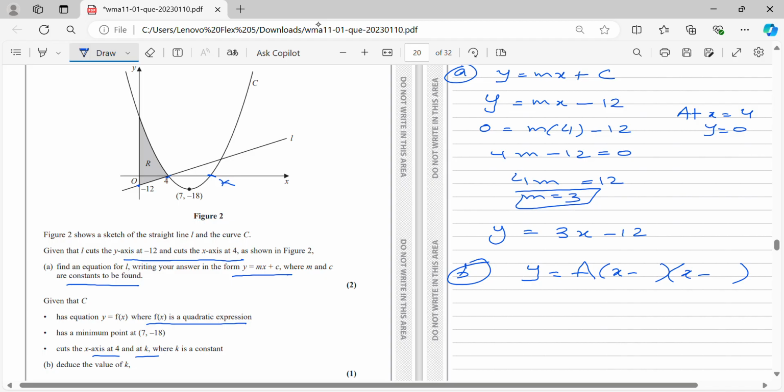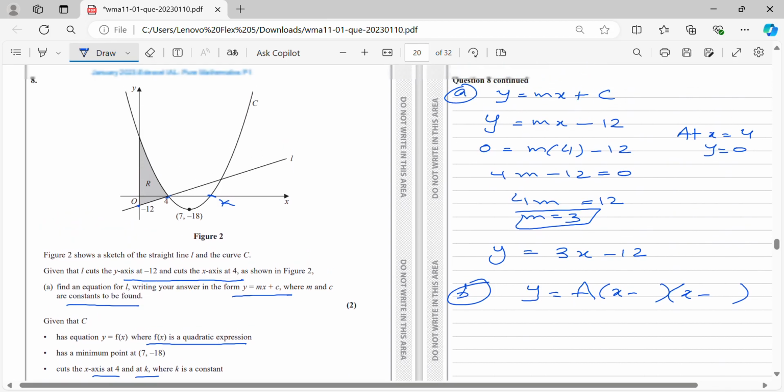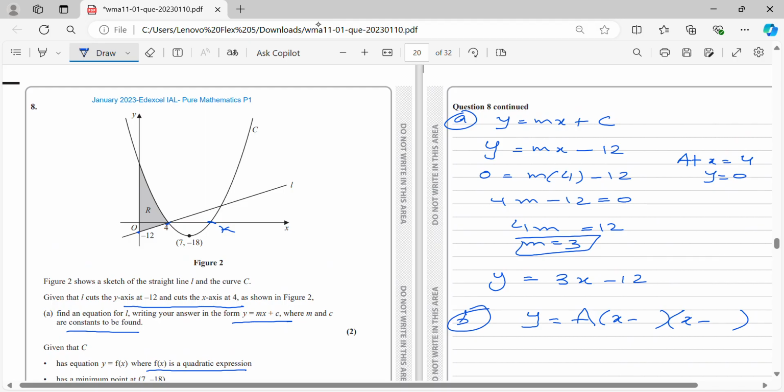Because this is a parabola, a quadratic graph, it is symmetrical. Because it is symmetrical, I can easily find k. How? x is 4 at this point and 7 at the turning point, so the difference from 4 to 7 is 3.